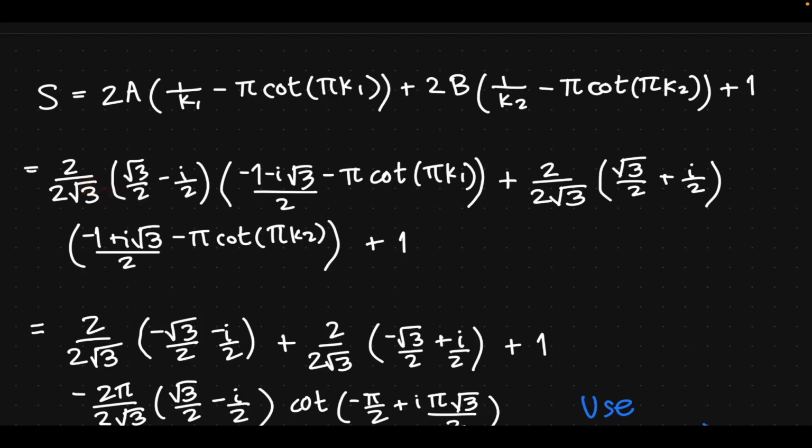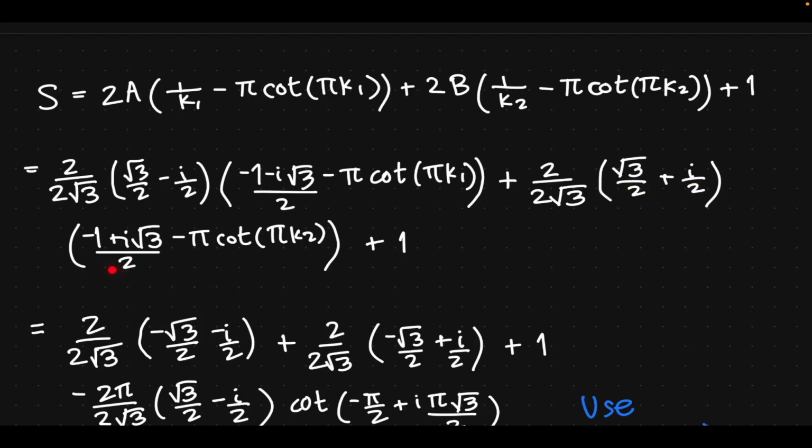So we have 2 over 2 square root 3, in brackets, square root 3 over 2 minus i over 2. And we can plug for this k1. We can keep the cotangent of k1 as it is for now. So minus 1 minus i square root 3 over 2 minus pi cotangent pi k1, plus 2 over 2 root 3, square root 3 over 2 plus i over 2.